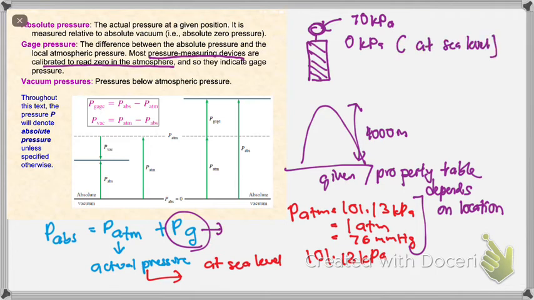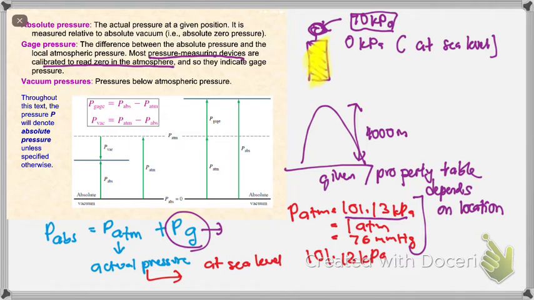But we know just now that at sea level we always have this pressure acting on us. But this gauge is calibrated to 0 kilopascal. So the 70 kilopascal shown at the gauge is actually 70 kilopascal only inside this tank.